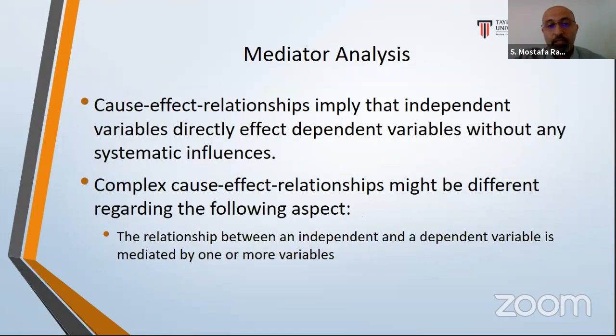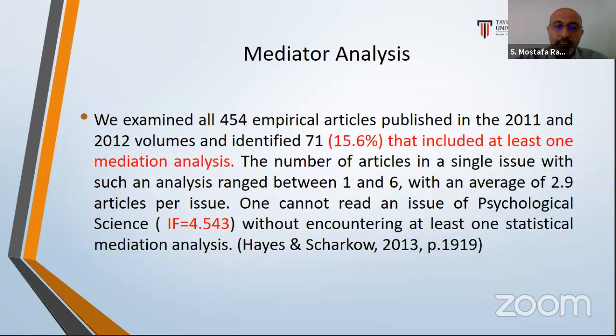For example, if we look at this statistic from the Hayes and Schwartz paper, this is a very important paper. Later we will go back to this paper and see how we can assess a mediator and what the differences are between different approaches and methods for assessment of a mediator. This paper is one of the most important papers for assessment of a mediator.